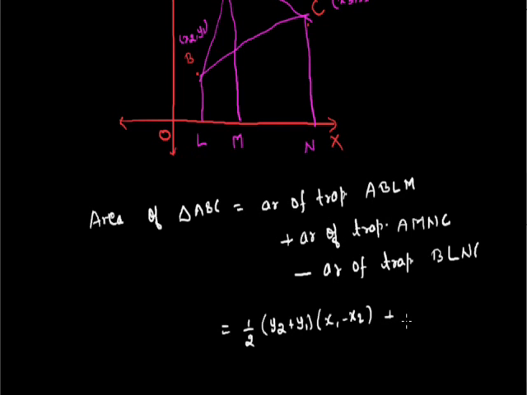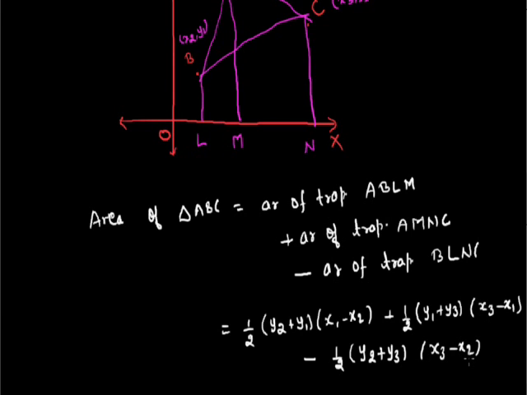Now for trapezium AMNC, half the sum of parallel sides is y1 plus y3, and the distance between these two parallel sides is x3 minus x1. Minus the area of trapezium BLNC, half of y2 plus y3, and the distance between them is x3 minus x2.